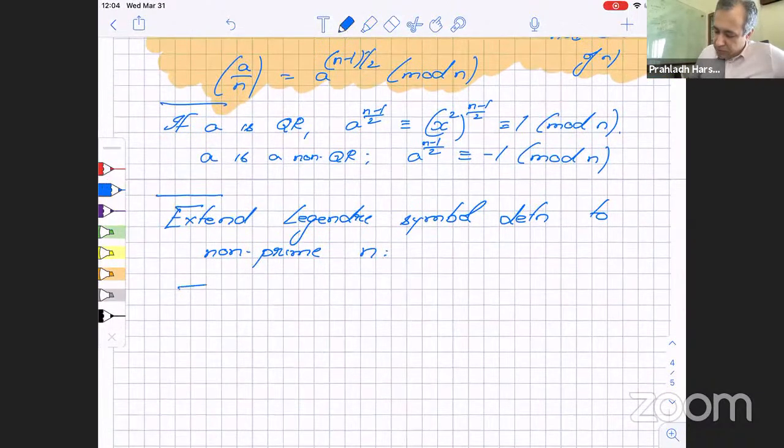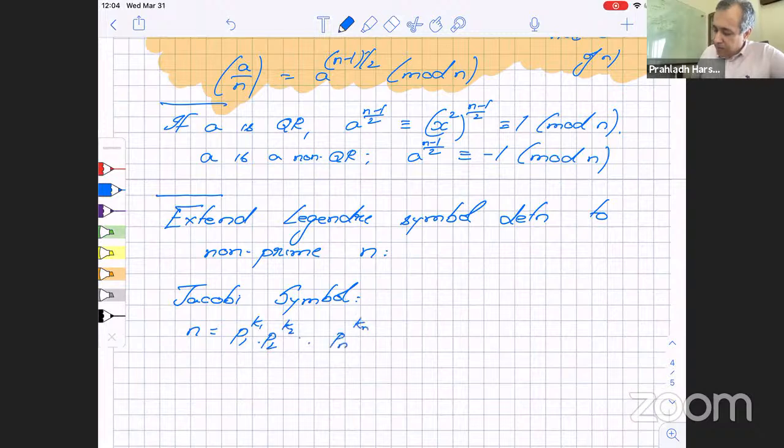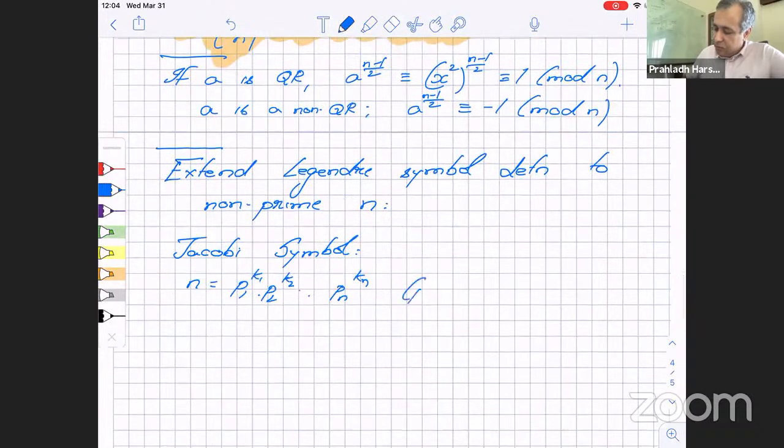This is what's called the Jacobi symbol. Suppose n is p1 to the k1, p2 to the k2, up to pn to the kn, the prime factorization of n.